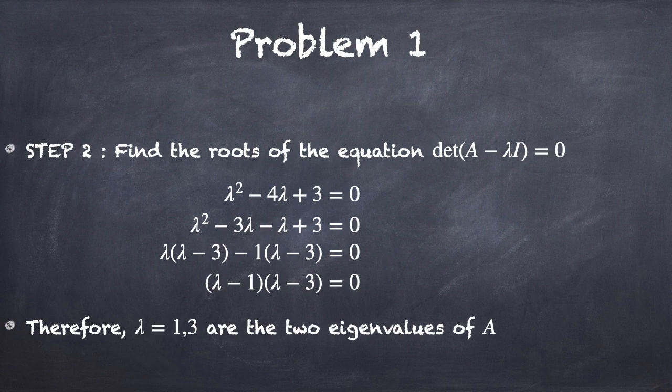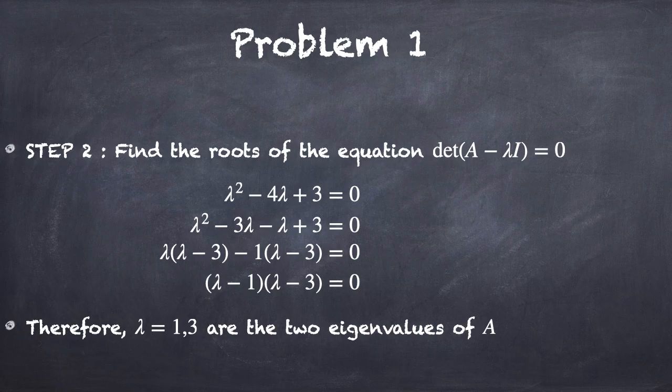So yes, the next step is to find the roots of the equation. I'll use the method of splitting the middle term. I'll split -4 lambda into two separate terms so that I can factor out lambda and get a proper factorization. So I split -4 lambda as -3 lambda minus lambda.